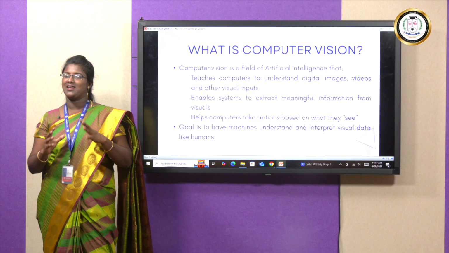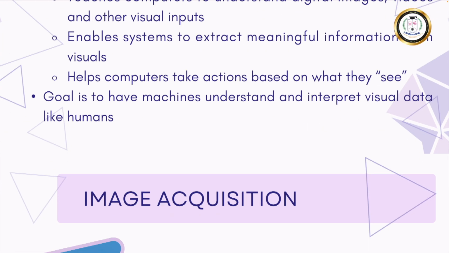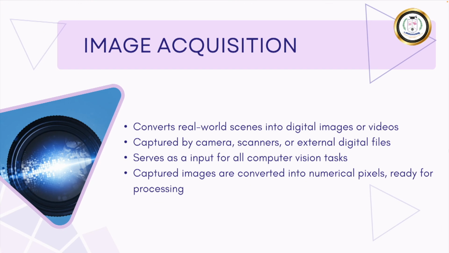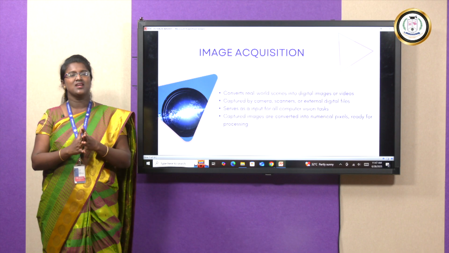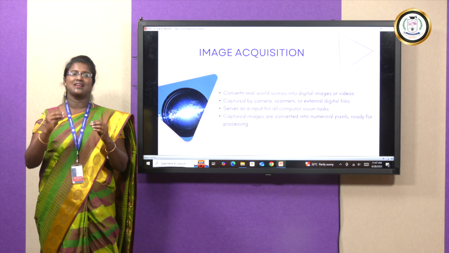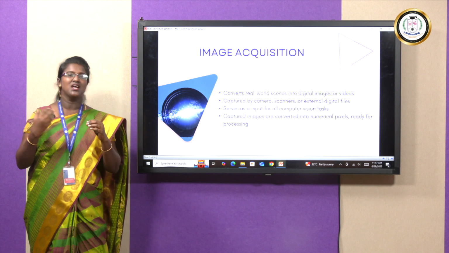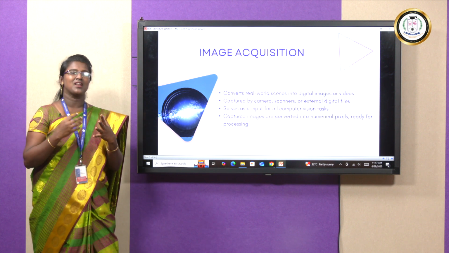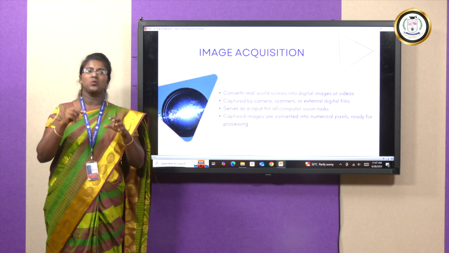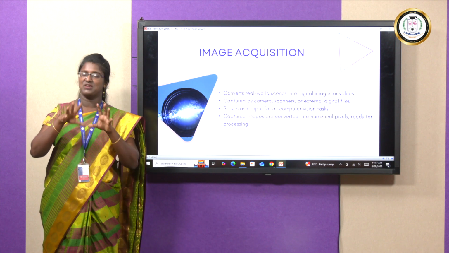So how do we do that? How does this all work? It starts with something called image acquisition. The way we start looking is we see with our eyes. In the same way, the computer starts by getting inputs from sensors, cameras, or other input devices with which it captures the images.